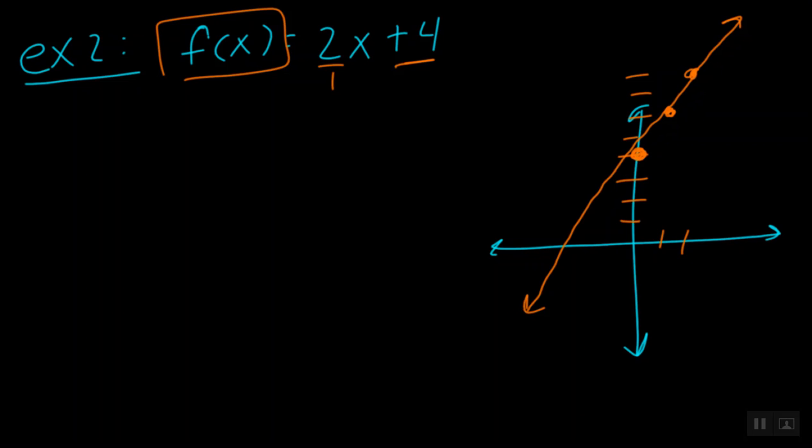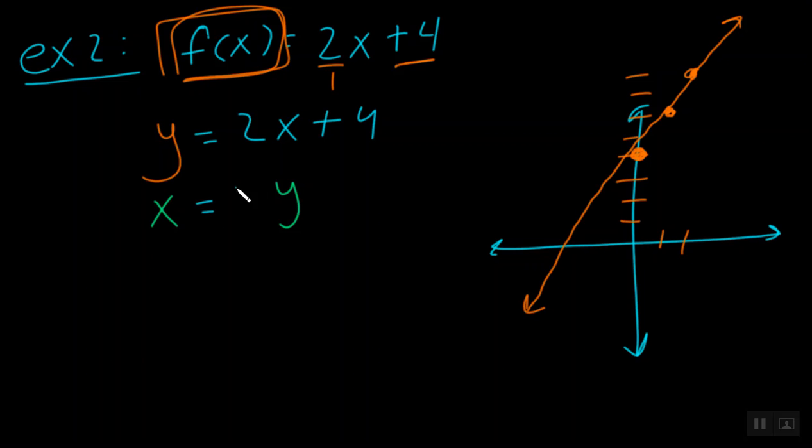So what would it look like to graph the inverse? Well, we know we would change f of x into y, and we say that y is equal to 2x plus 4. I know that my next step is to swap my x and my y, and so x is equal to 2y plus 4, and here we're going to be solving for the letter y.